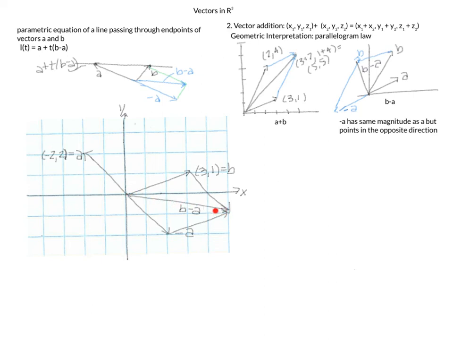So this is the direction from A to B. That is the direction of our vector, and then we moved our vector up.